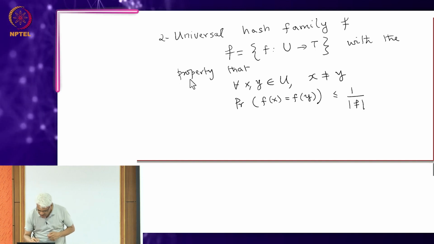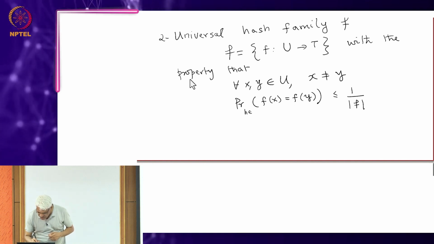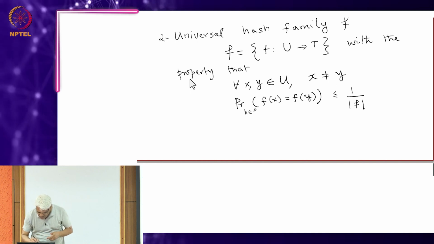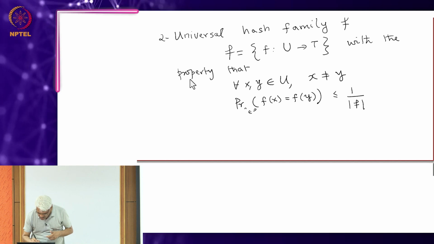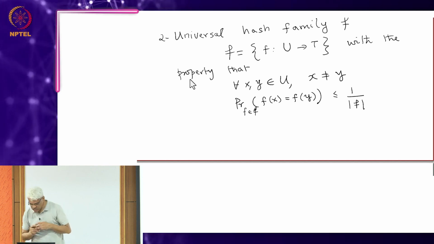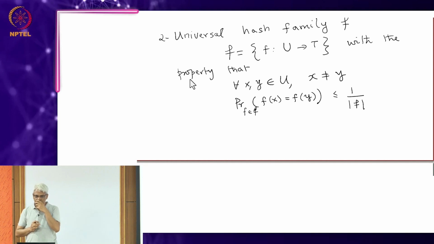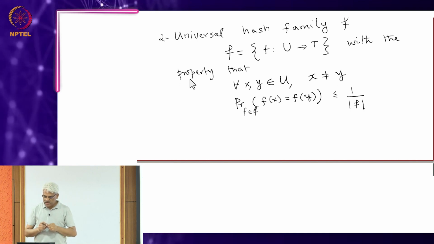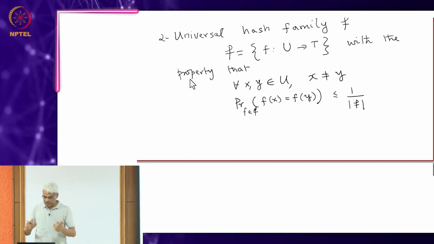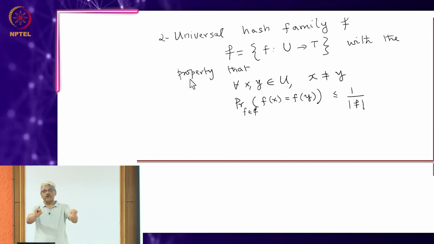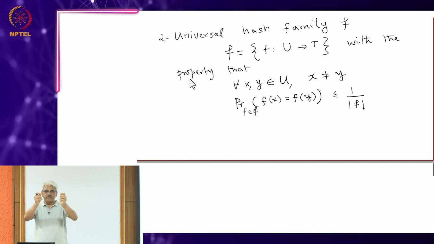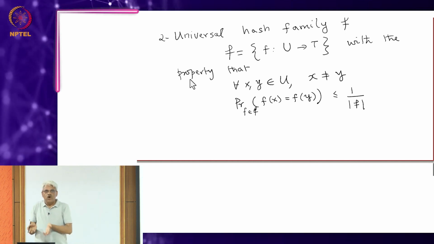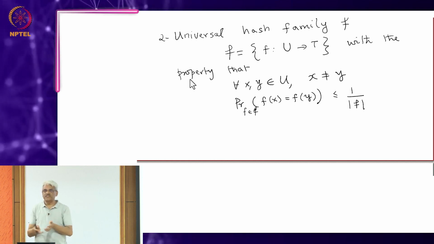I pick a random function h from F. Another way to interpret this: you give me x and y which are not equal. In this family, the number of functions which will map both x and y to the same location is at most 1 out of the number of functions in this family.